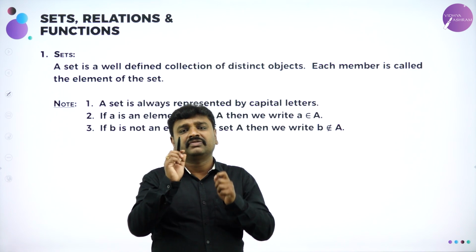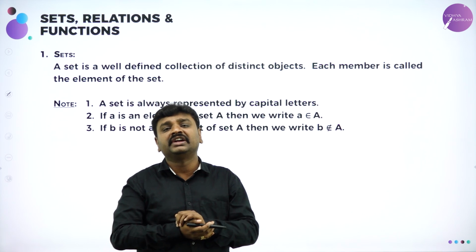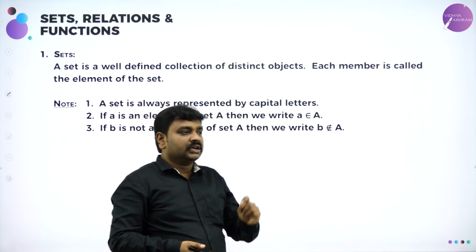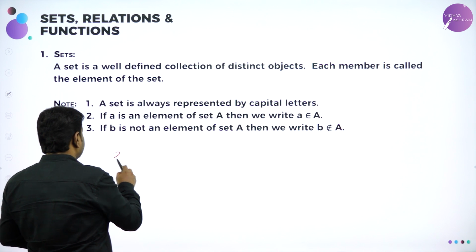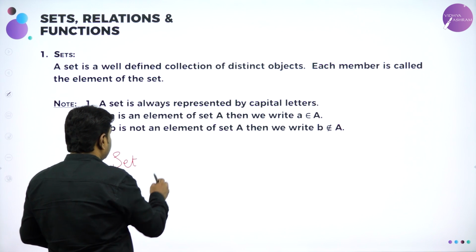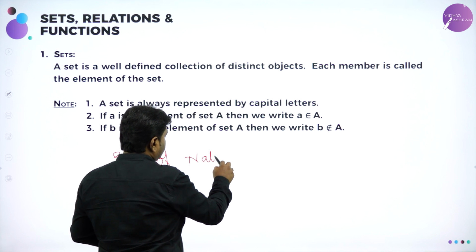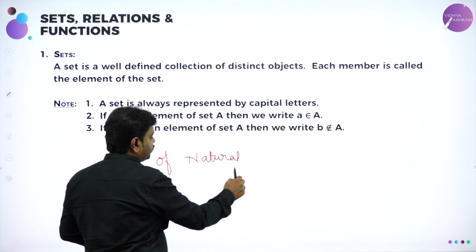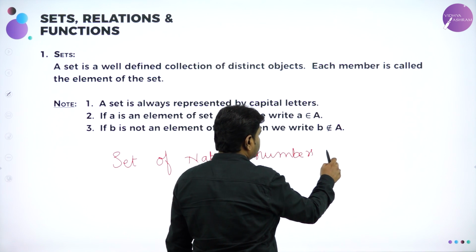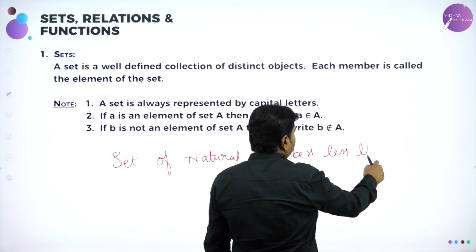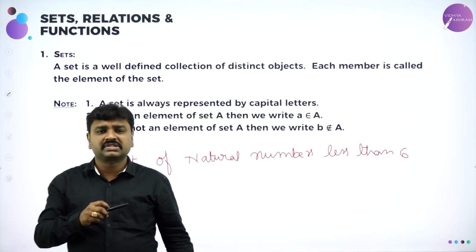Set is a collection of well-defined distinct objects. Set is a collection of what? Well-defined distinct objects. For example, if I take the set of natural numbers less than 6.